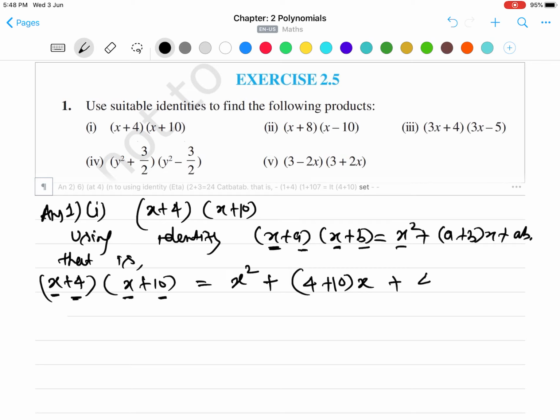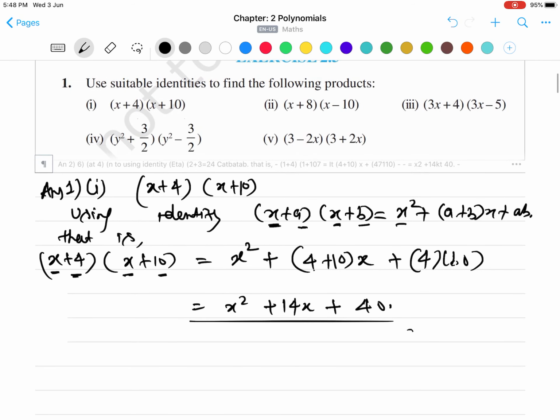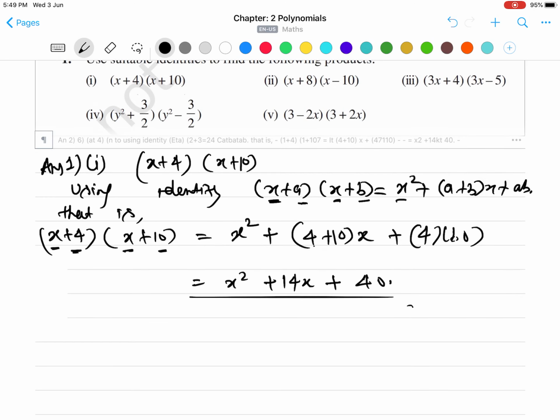Then a into b, a is 4 and b is 10. So this will be x square, this 4 plus 10 will be 14, and 14 into x will give us plus 14x, and plus 4 into 10 will be 40. So that's the solution or the product of these polynomials.